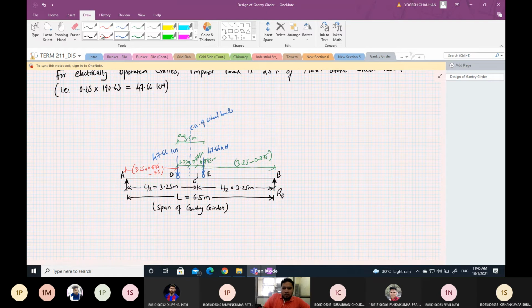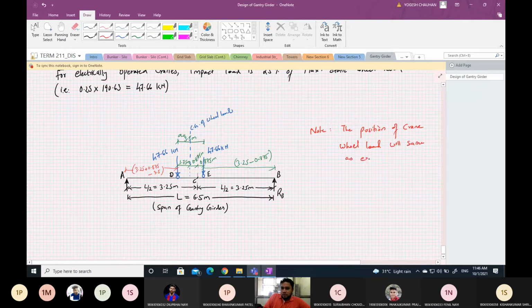Note that the position of the crane wheel load will be the same as earlier. Only the wheel load will be replaced.